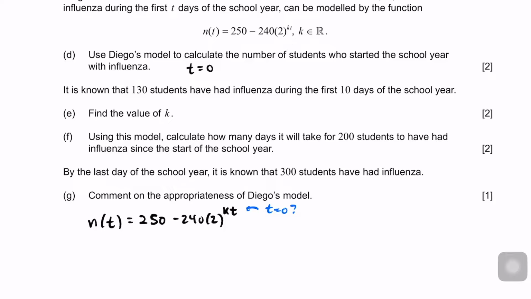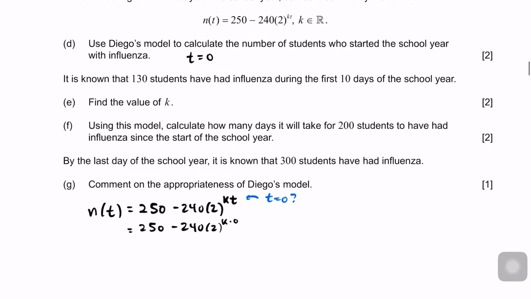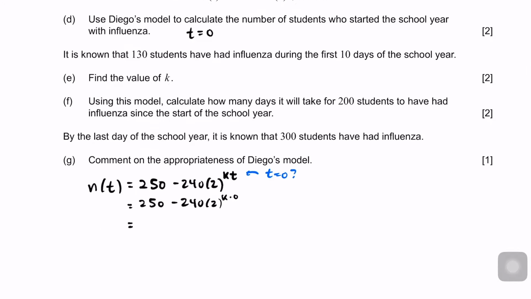So let's go ahead and substitute 0 in for t. 250 minus 240 times 2, and then this is going to be k times 0. Of course, k times 0 itself would become 0. And then 2 raised to the power of 0. We know anything raised to the power of 0 just becomes 1.